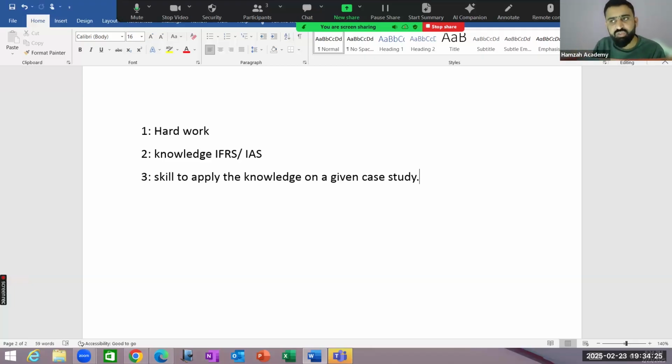In answering that question, you just need to consider the definition of control in IFRS 10 and the factors which we need to consider to decide whether we have control over a subsidiary or not. Simply. But the student is going into too much detail, which is not required.